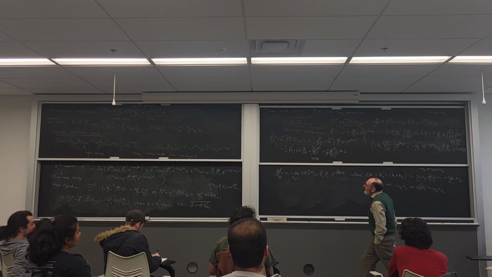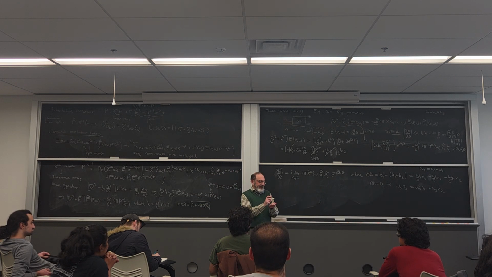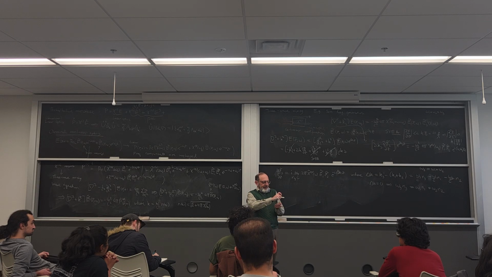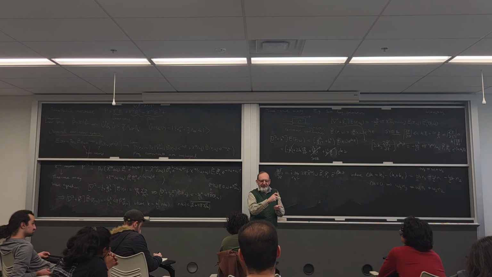At the end of the day, the picture is the following. If I think about this classically, I have a charge bound by a spring to, let's say, the nucleus. Then I come in with a force that is oscillating at some frequency.